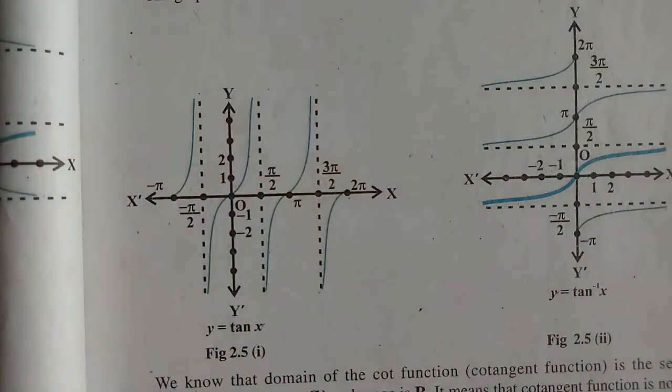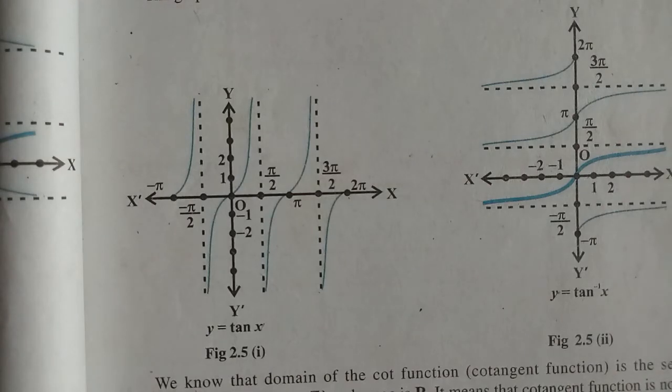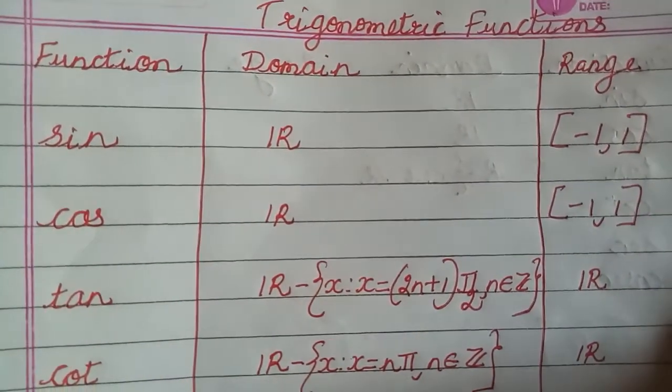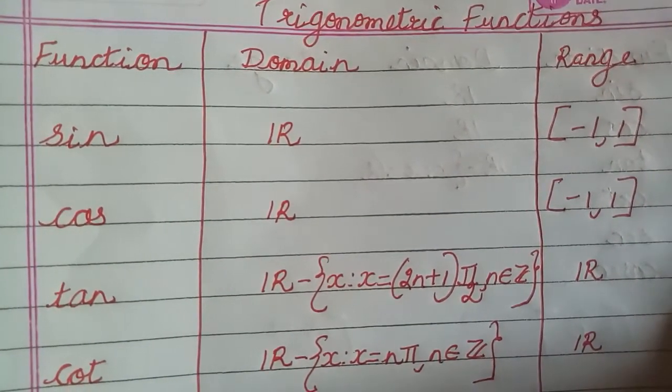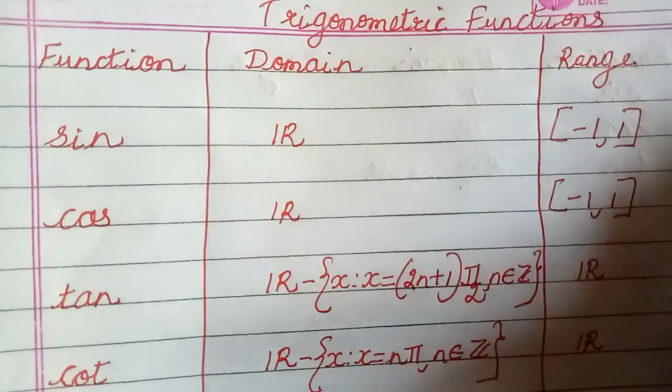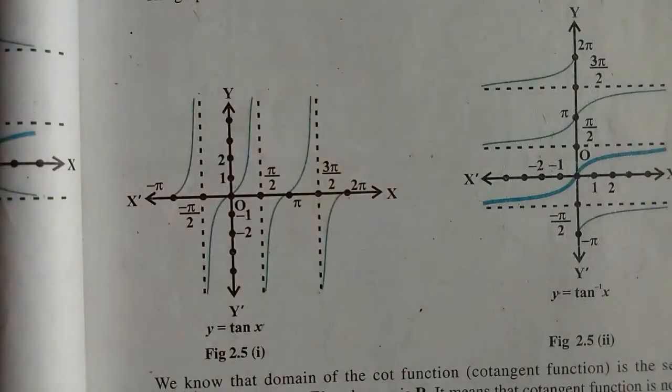So we have to again restrict the condition. This time I have to make a change in the domain, so that the function will be injective and bijective. So what will be my tan inverse domain?